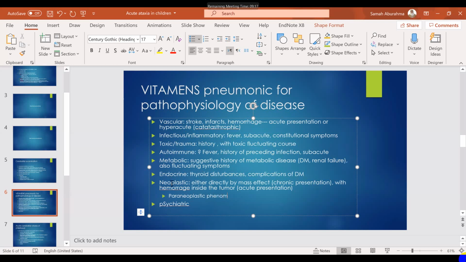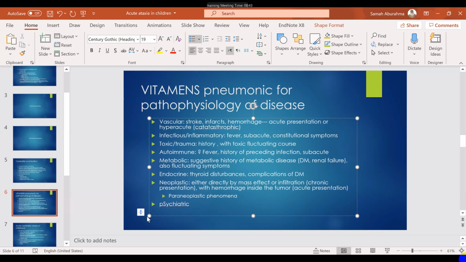So tumors can either affect an organ system directly by mass effect or infiltration, right? Which is usually chronic. Tumors present acutely if they have bleeding. Outside of bleeding, usually tumors present chronically, okay? Unless there's bleeding inside the tumor. When the tumor bleeds, there is a very rapid increase in the size. Or either indirectly through paraneoplastic phenomena.